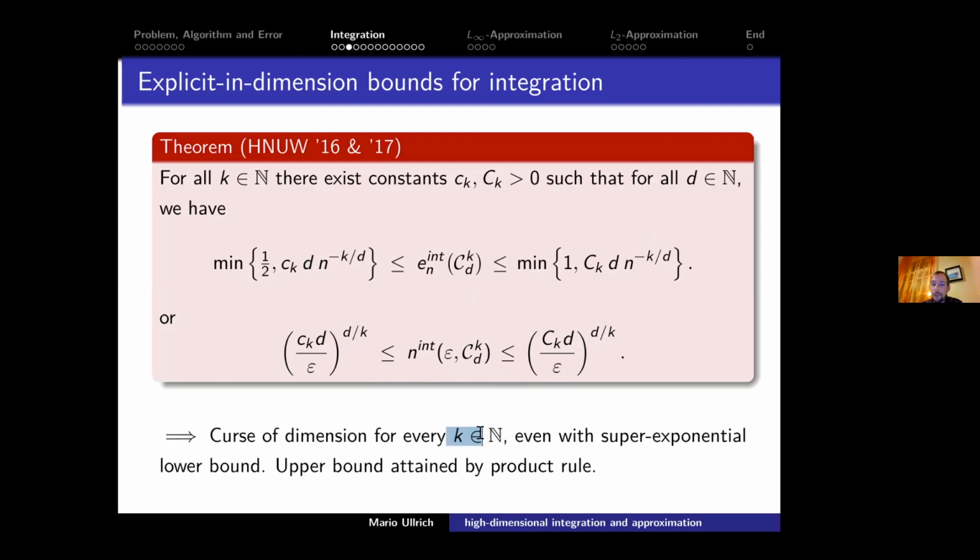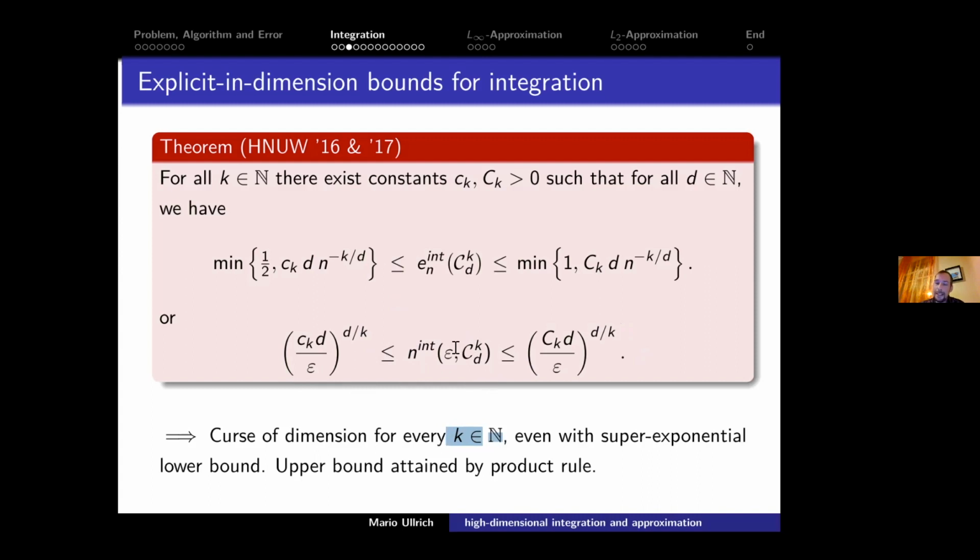So for every fixed k, for every fixed smoothness, you can take smoothness 10 to the 6, it doesn't matter. If you consider a very high dimensional problem, then these guys explode. This means smoothness does not seem to be enough for having a problem that can practically be solved on a computer.